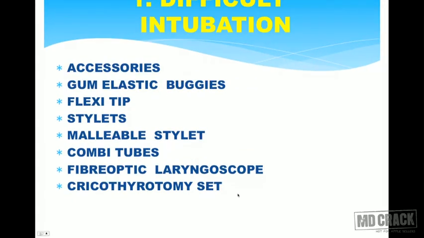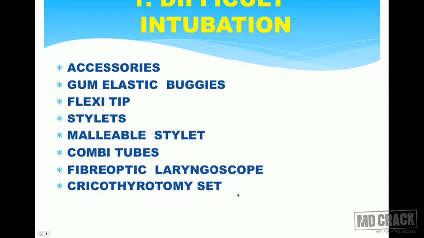Now, what are the accessories you require when you anticipate a difficult intubation? You may require additional tools in addition to the various blades available with the laryngoscope. You require gum elastic bougies. A flexi tip may be handy so that you are able to lift the glottis and visualize the cord, as I have shown already in the previous module.